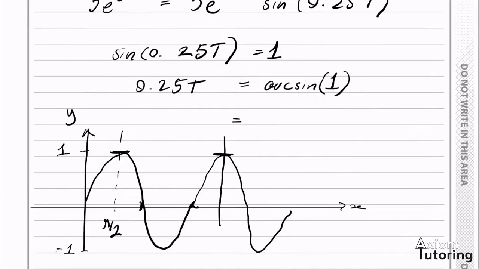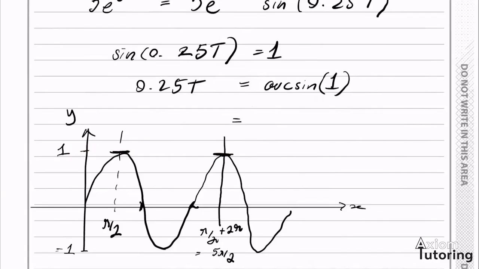This second time that you're reaching a maximum value for sine is going to be at pi over 2 plus 2 pi. That's because we know that the sine function has a period of 2 pi. So then pi over 2 plus 2 pi is equal to 5 pi over 2.